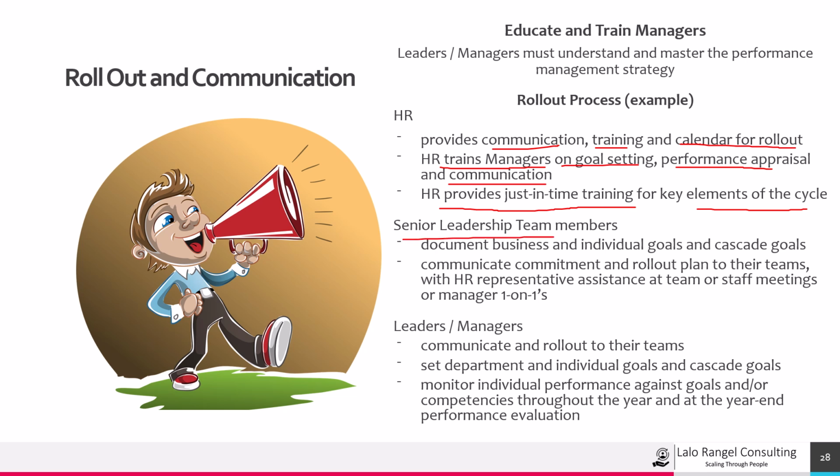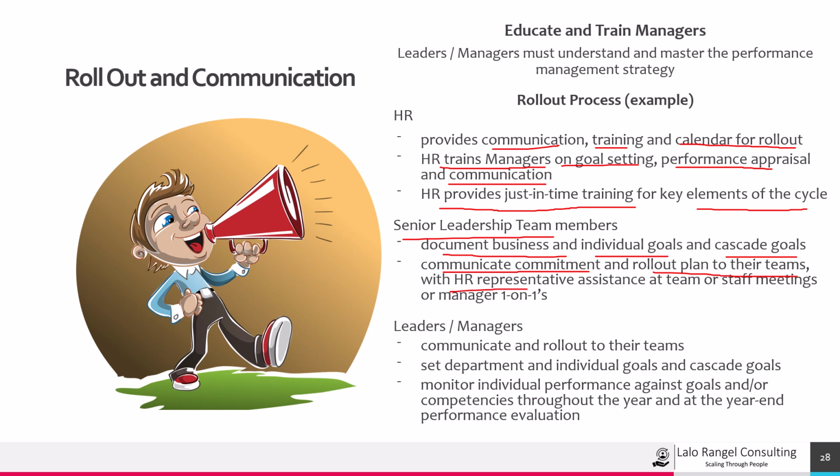The senior leadership team members, typically referred to as the C-suite or the executive team, are going to document the business goals and then their own corresponding individual goals and cascade them. They are also going to communicate the commitment and rollout plan to their teams.